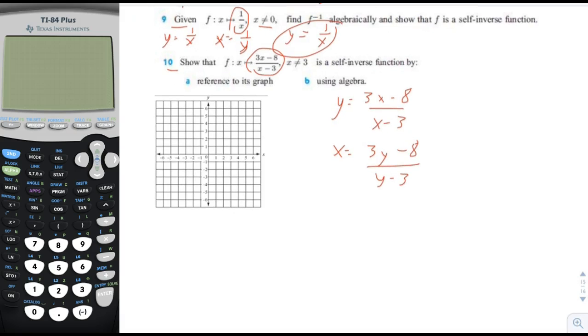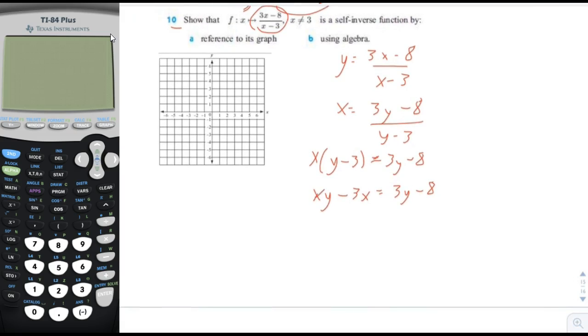Okay, and then we're going to solve for y. First we're going to multiply both sides by y minus 3, to get it out of the denominator. Then we're going to multiply it out. xy minus 3x equals 3y minus 8.